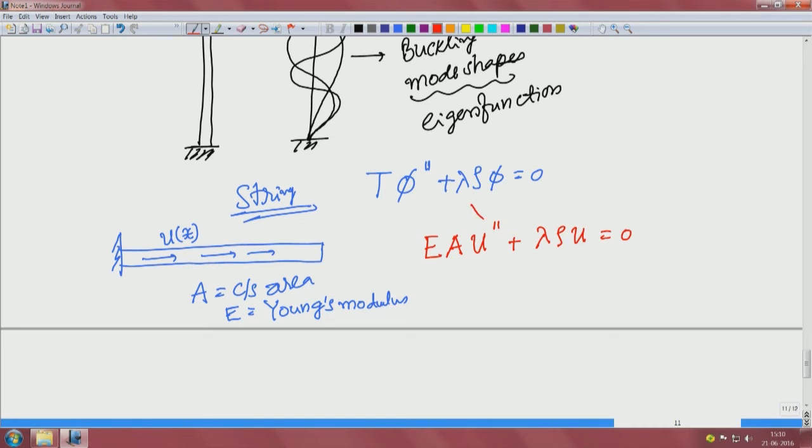So, you see the similarity between these two equations. Okay. Again, if you assume that U is a function of x and t, you can break it up into phi of x, q of t, just like we have done for the string, you can do for the bar also. Here also you can get eigenvalues, eigenfunctions, and the Rayleigh quotient.